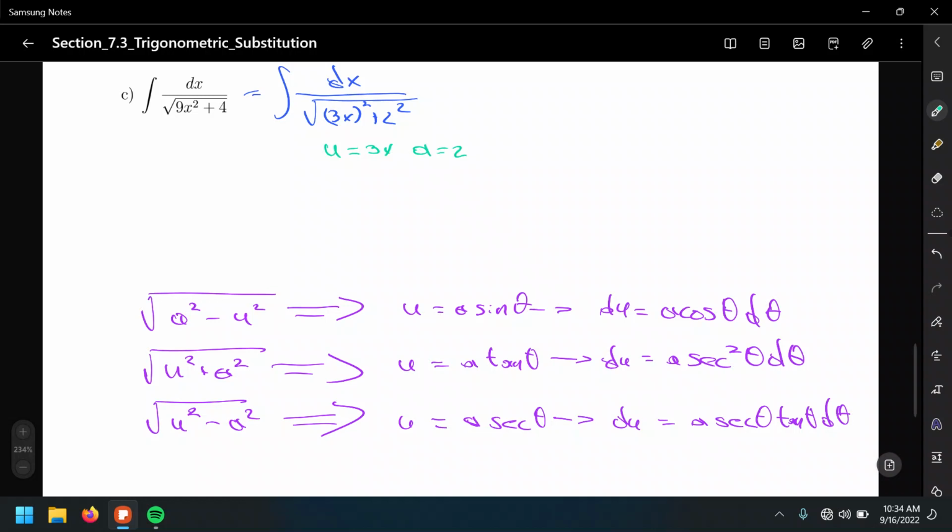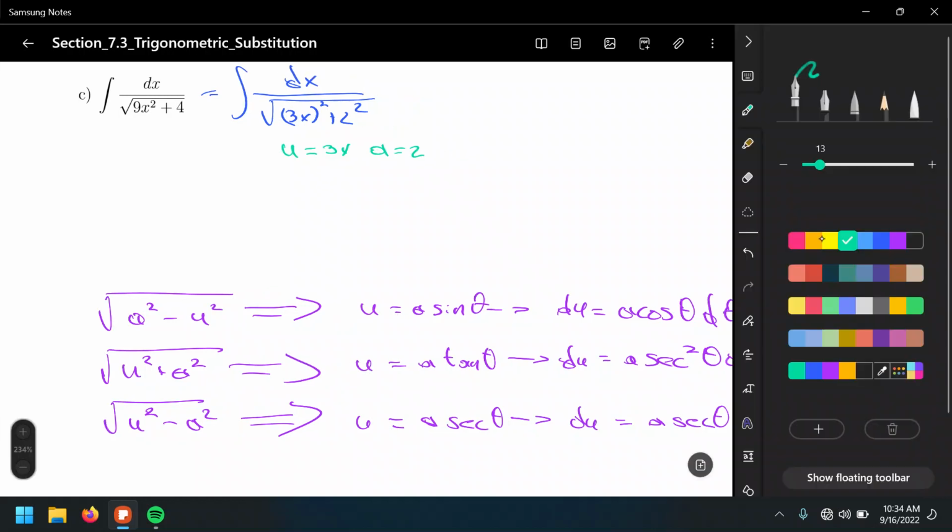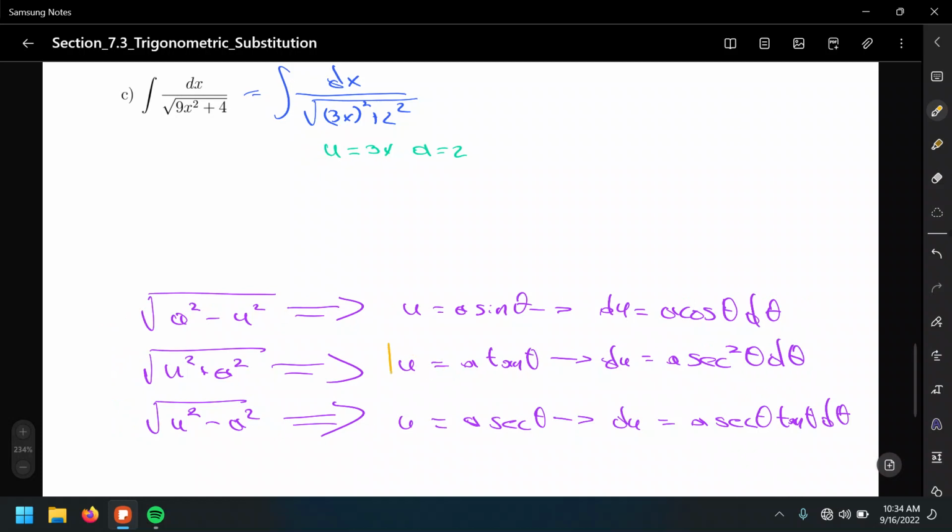Going with the substitution, I'm going to write u, which is the corresponding substitution, which is the second one. That's u equals a tangent theta. That is 3x equals 2 tangent theta. From here, we're going to do the dx again in a very similar way. So x equals 2/3 tangent theta, and you might remember this from the method.